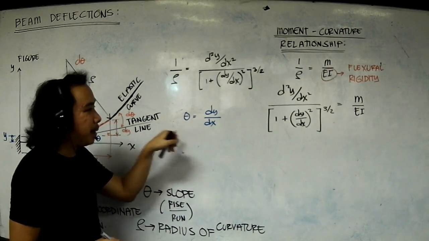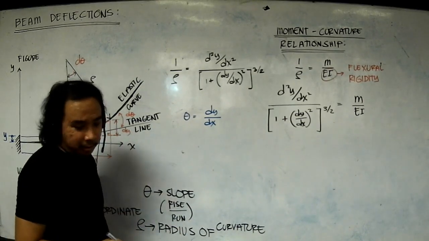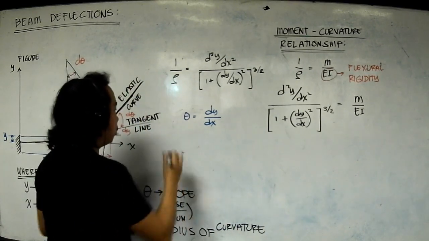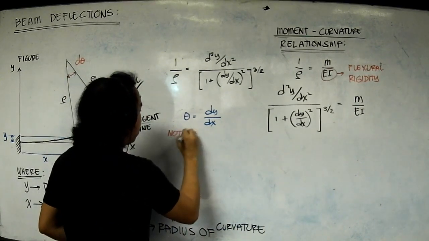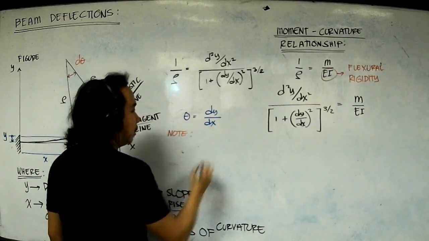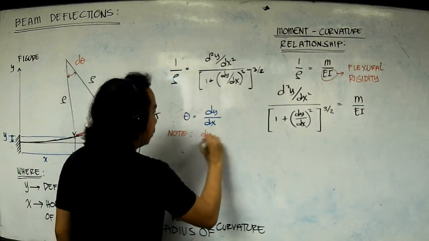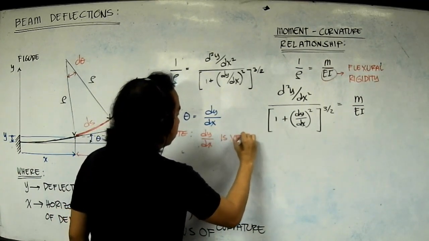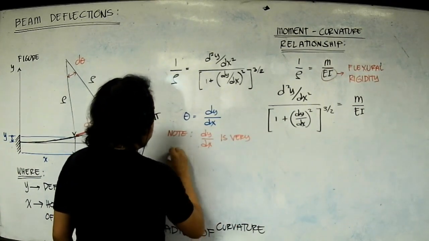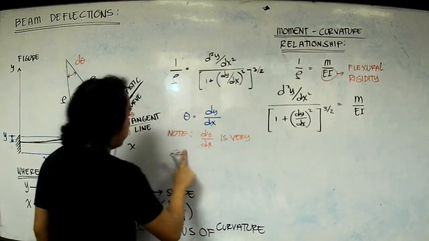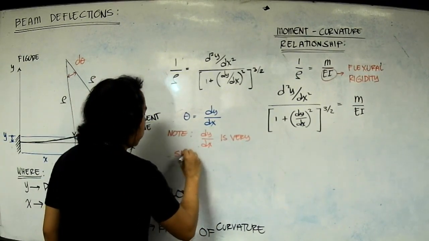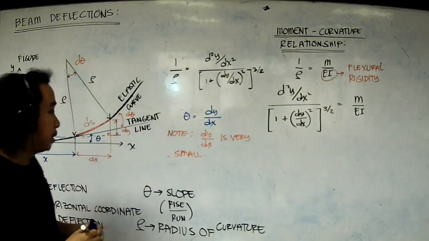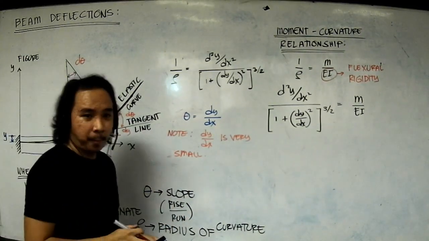Take note that we're playing with very small numbers here. We have to note that this term here, dy/dx, is very small. Very small. Okay? Very small.